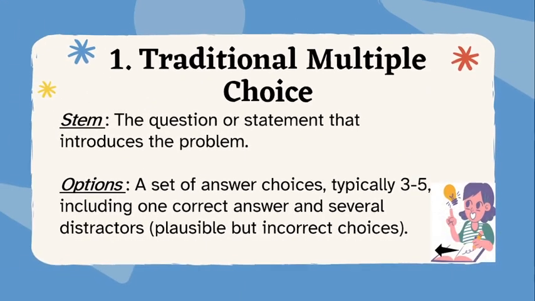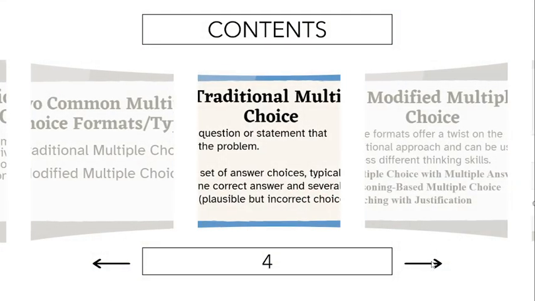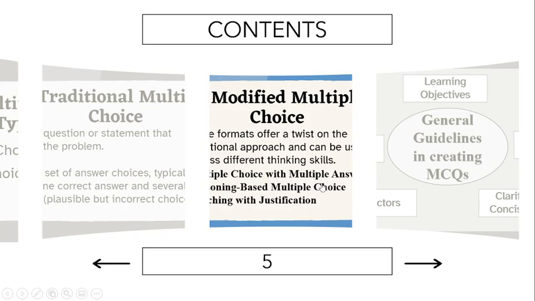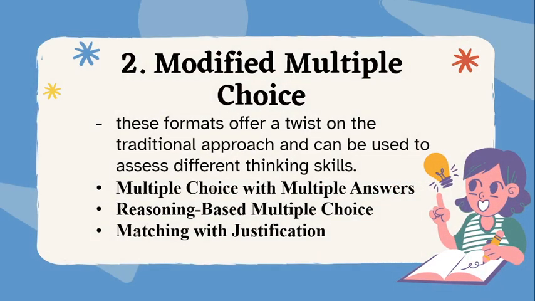So let's move on to the modified multiple choice. These formats offer a twist on the traditional approach and can be used to assess different thinking skills. We have three examples of modified multiple choice.